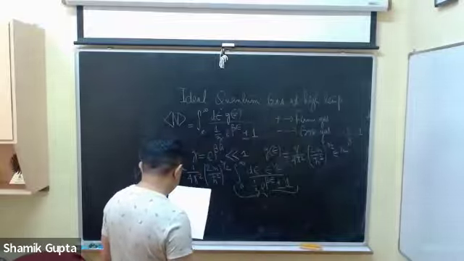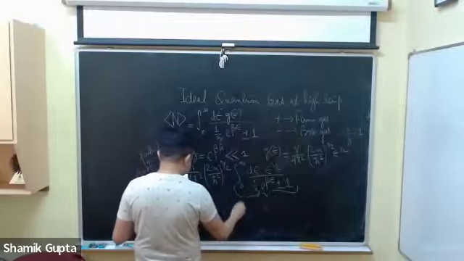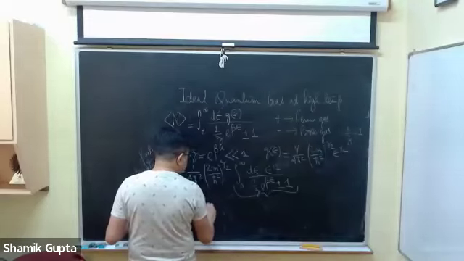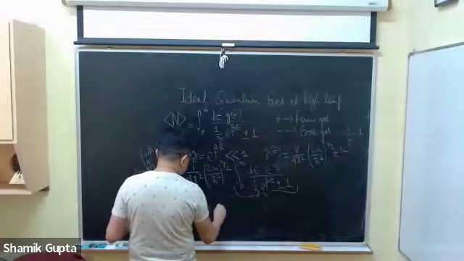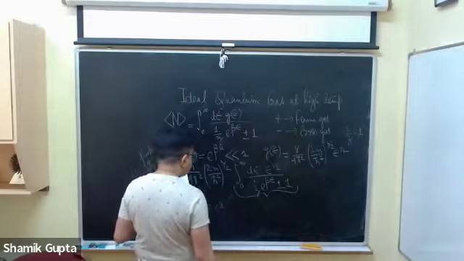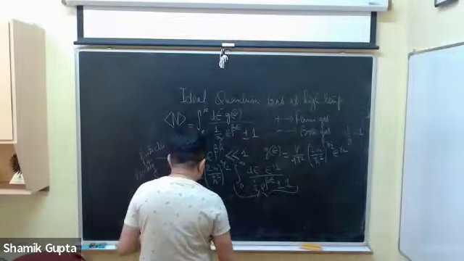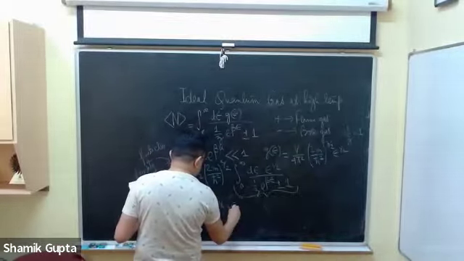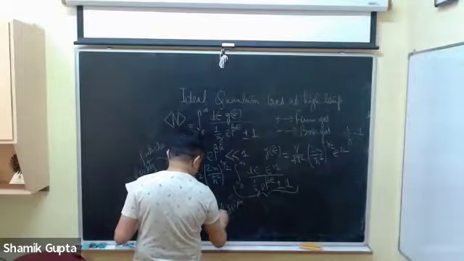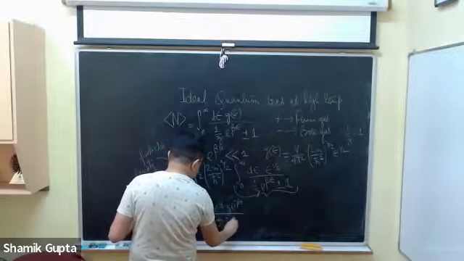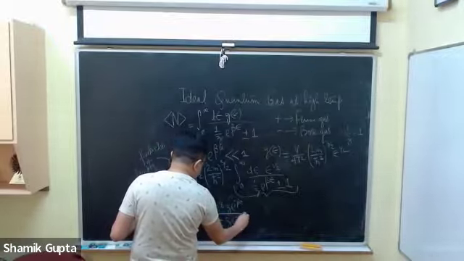I now rewrite it as epsilon to the power half, e to the power minus beta epsilon by 1 plus minus z e to the power minus beta epsilon.